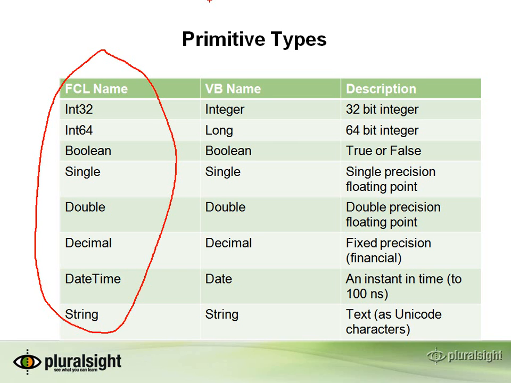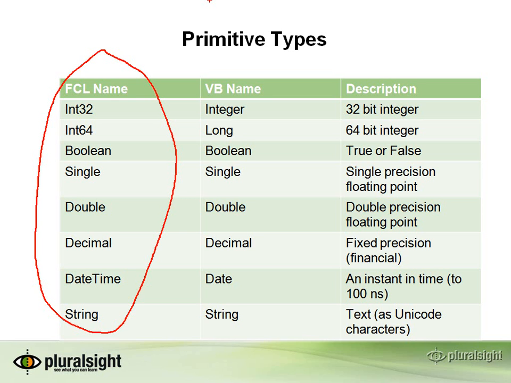If we choose to, we could use the framework class library data type names instead of the Visual Basic data type names, although that's not a common practice. But it is important that you understand that there are different data type names in the framework class libraries, because there are a couple places inside of the .NET framework where you do need to know that.